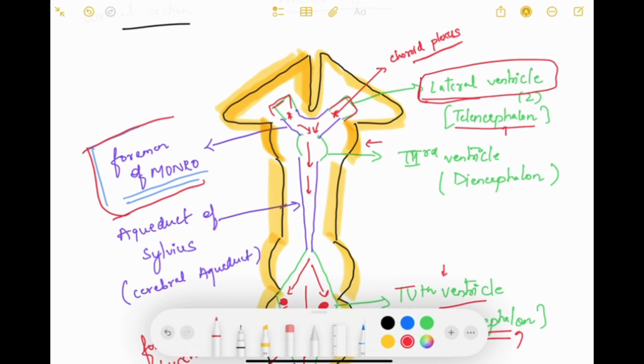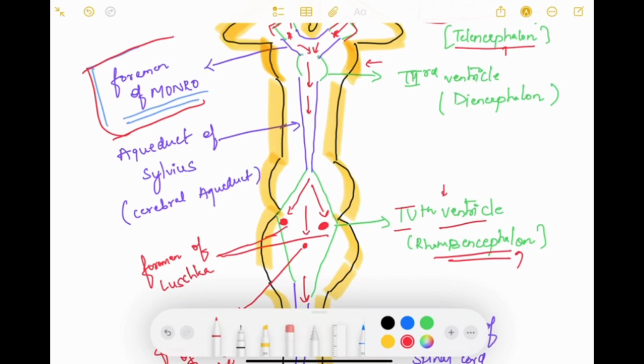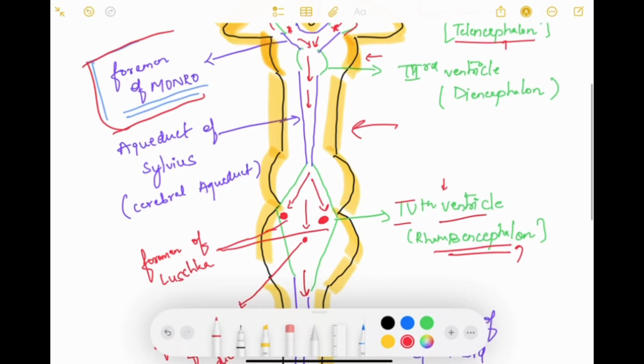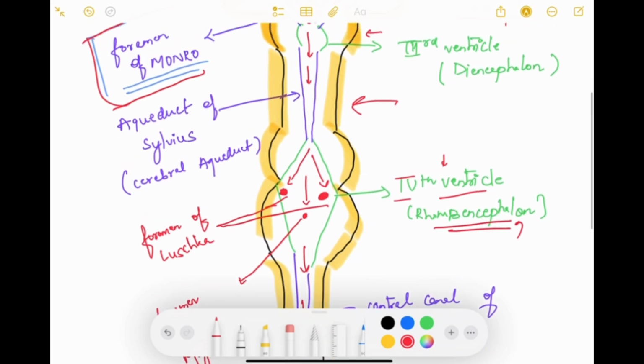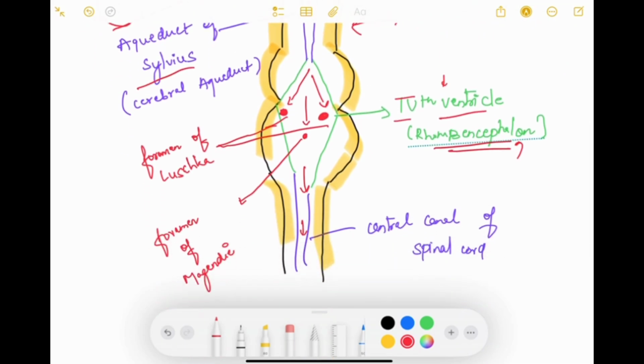So the foramen of Monro connects the lateral ventricle to the third ventricle. Then again, the third ventricle is connected to the fourth ventricle by the aqueduct of Sylvius, and then the fourth ventricle opens into the central canal of the spinal cord.